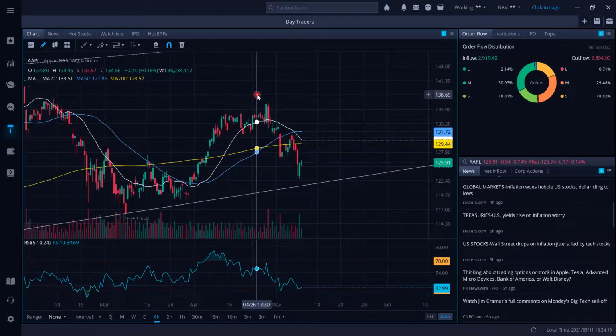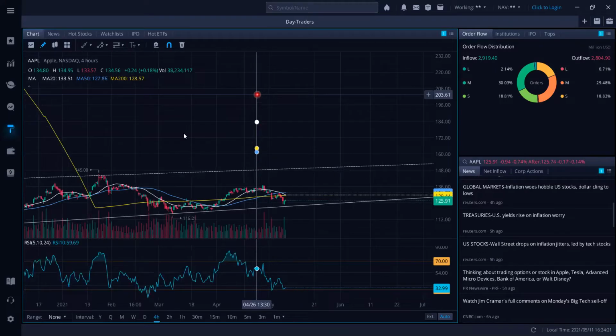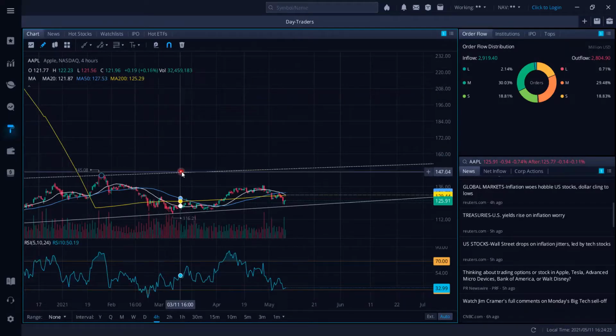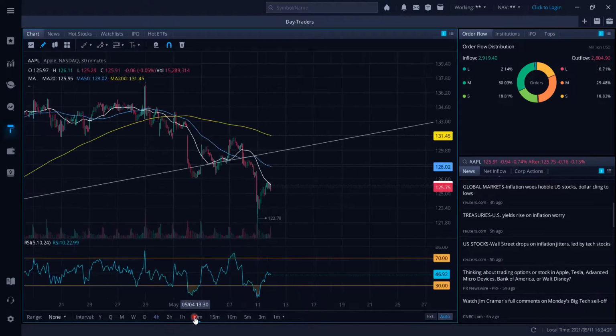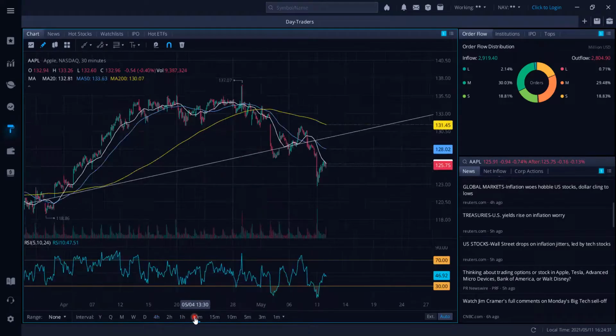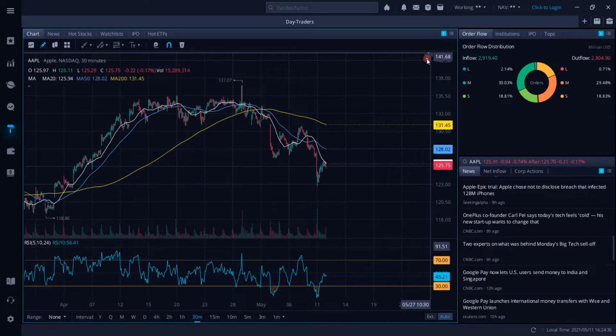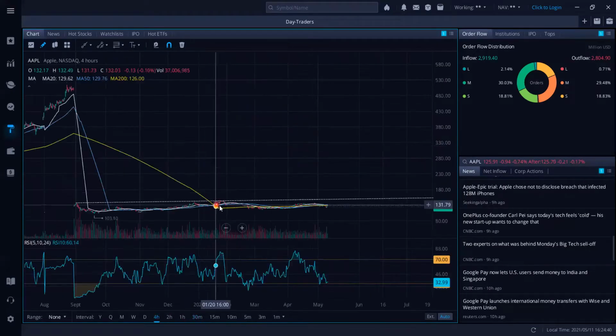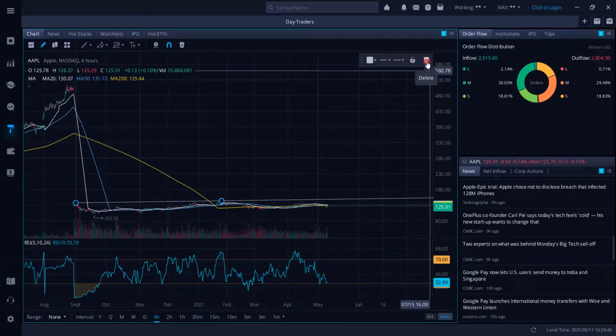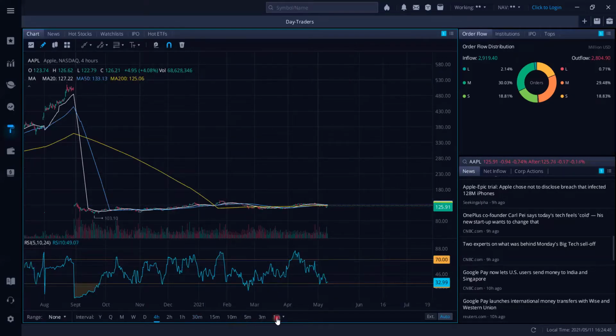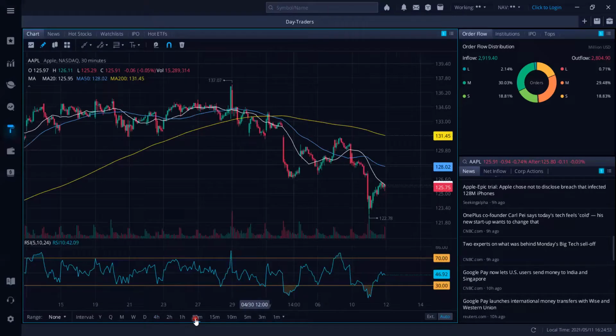As far as support and resistance goes, I'm looking a little different on that right now. So let's get these out of here. Let's set some new ones. Let's do it from our 30-minute really quickly here.